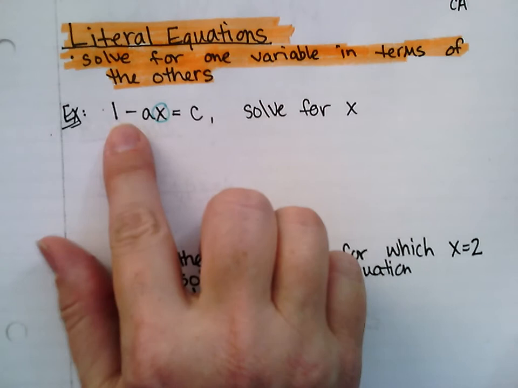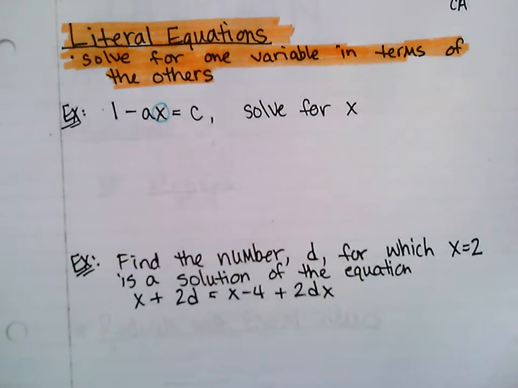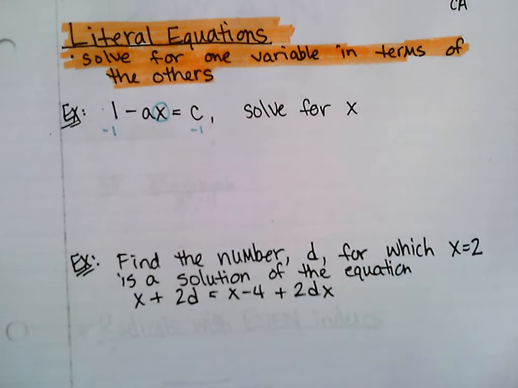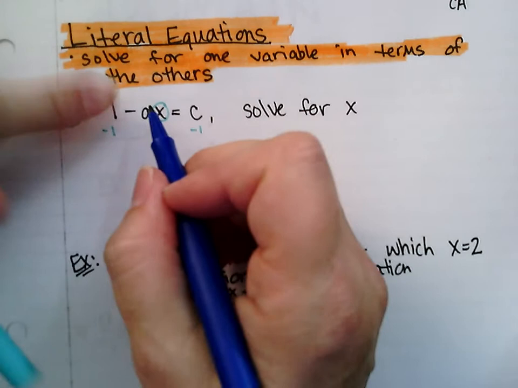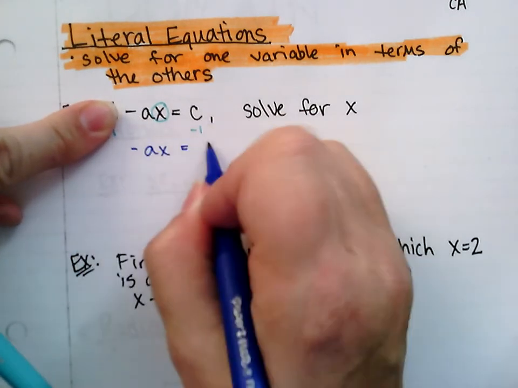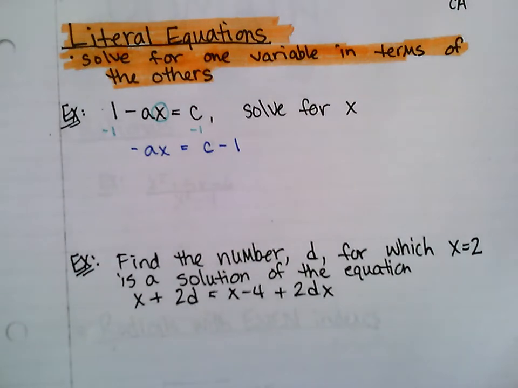So the first thing I'm going to do is subtract this 1 from both sides, to get it away from my blob that has the x in it. Then the 1's go away, and I have negative ax equals c minus 1.